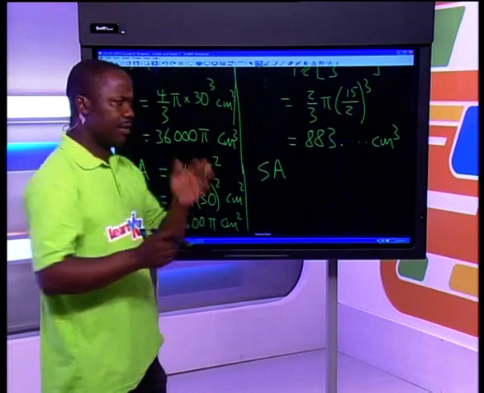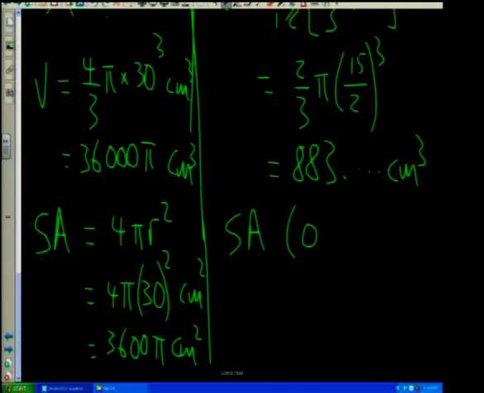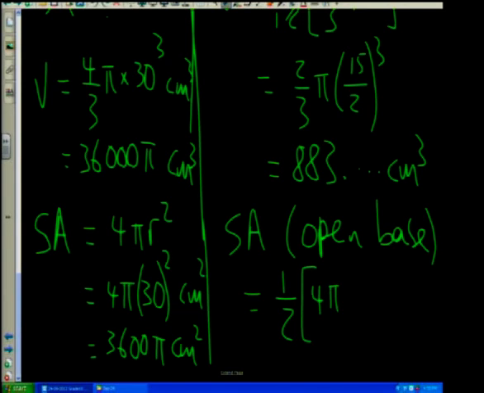All right, so let me do both. The surface area, if I have an open base, will be simply the normal surface area, but half of that. Half of 4 pi r squared. That would be if you've got an open base.